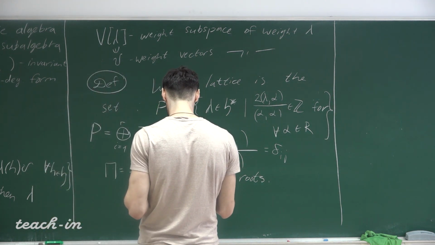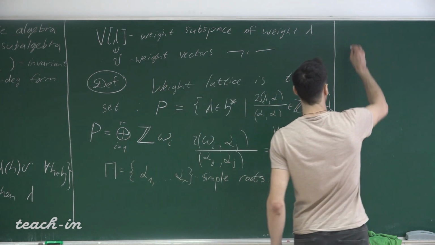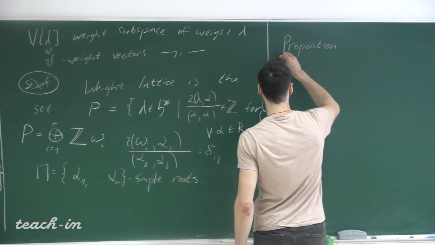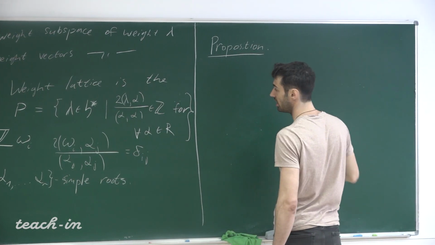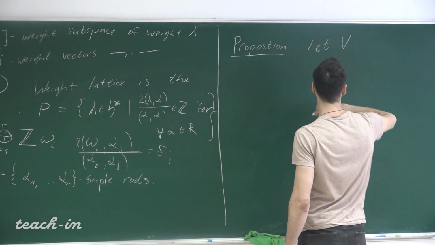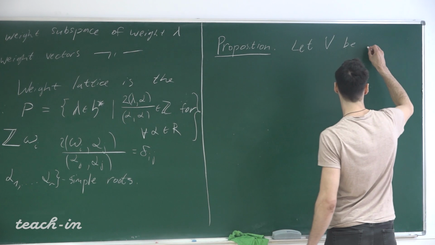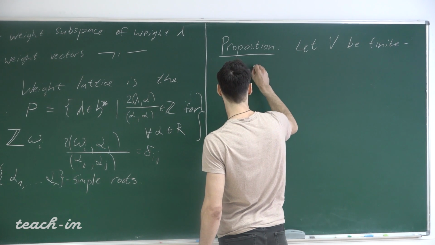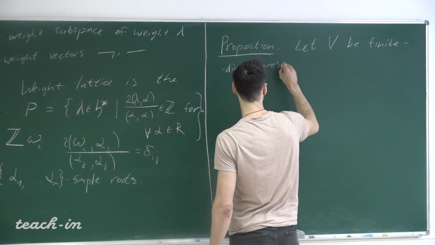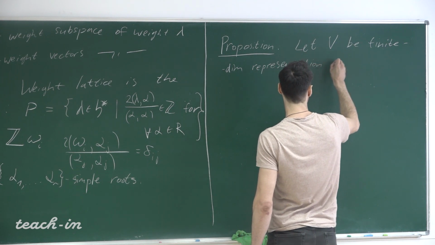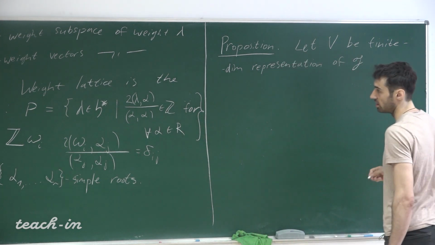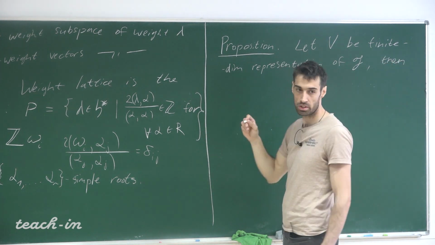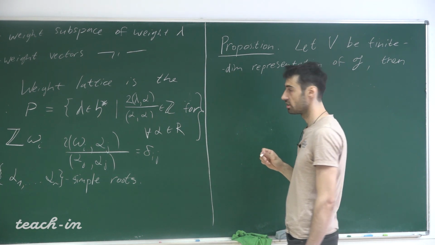Now we can formulate our first proposition. Let V be a finite dimensional representation of G. Then V admits what's called a weight decomposition.